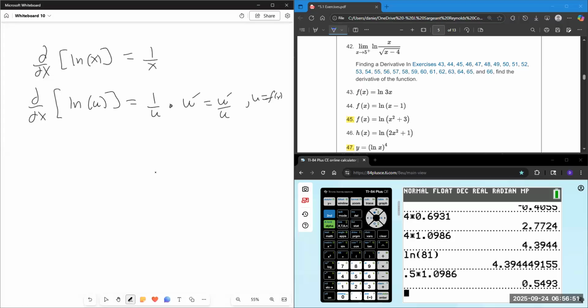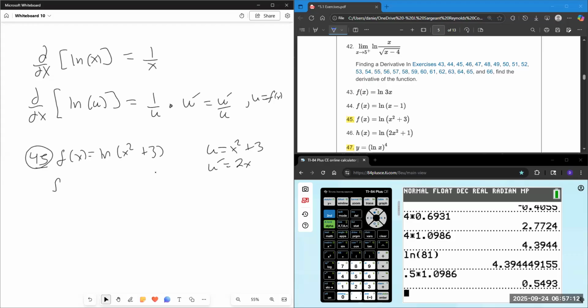So let's look at 45 here. If f of x is equal to ln of x squared plus 3, my u is x squared plus 3, and my u prime is 2x.